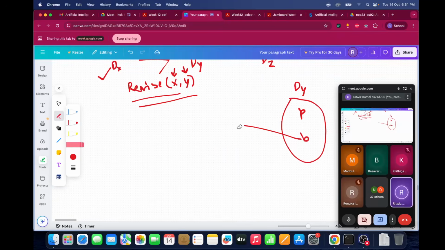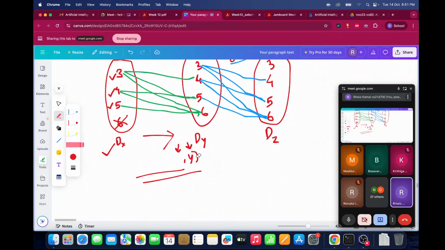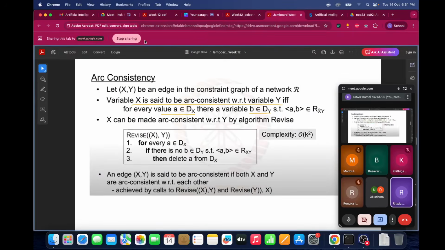Let me erase these things. An edge x comma y is said to be arc consistent if both x and y are arc consistent with each other, achieved by calls to revise x comma y and revise y comma x.